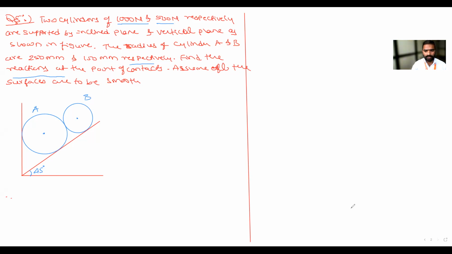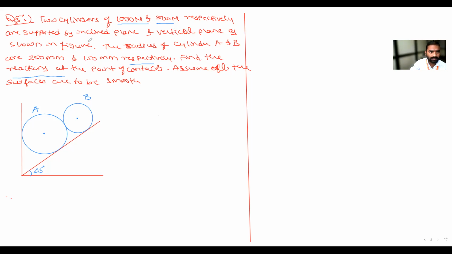Don't write anything. There is a small thing you have to understand. Initially, in the same problem, both cylinders were the same, the diameter or the radius was the same.